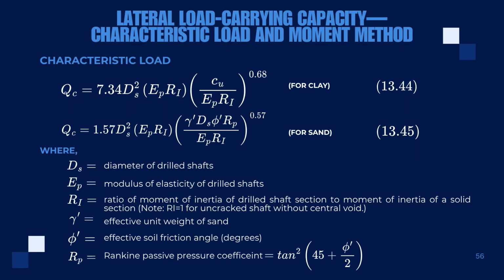Characteristic load for clay. QC is equal to 7.34 DS squared, open parenthesis, EP times RI, close parenthesis, times, open parenthesis, CU over EP times RI, close parenthesis, to the power of 0.68. Characteristic load for sand.